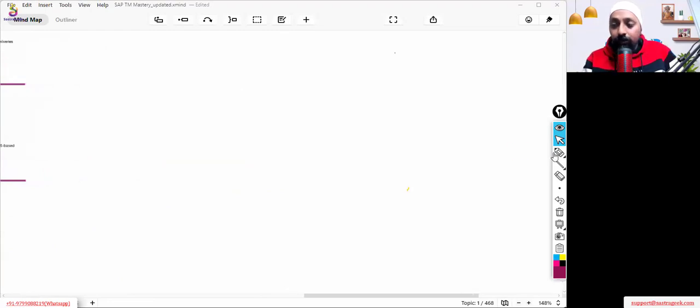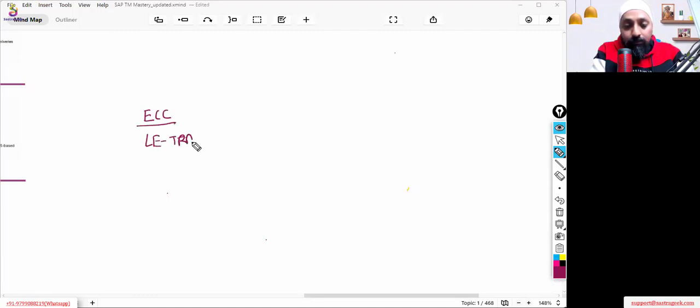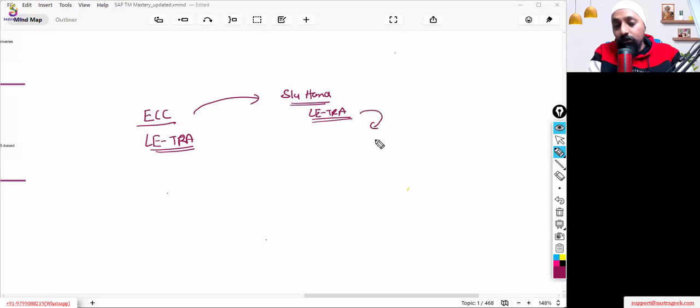The clients were working on ECC and they were having LETRA. LETRA is part of license. When the client is moving to S/4HANA, LETRA is there, but SAP is saying that the future is TM.